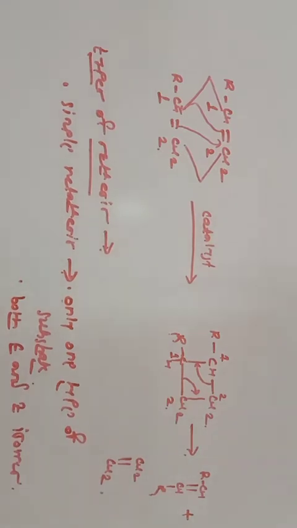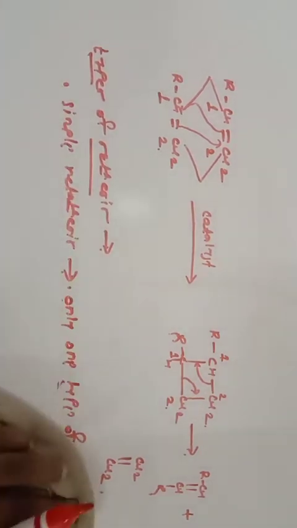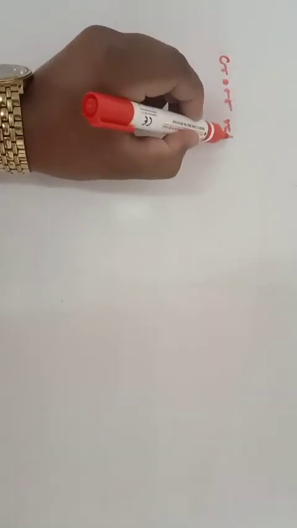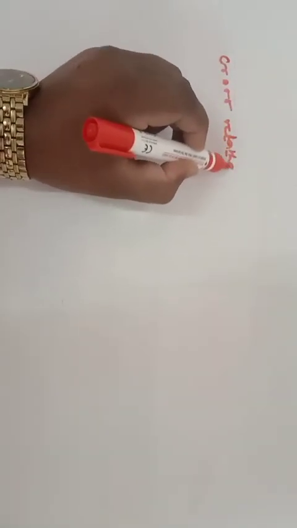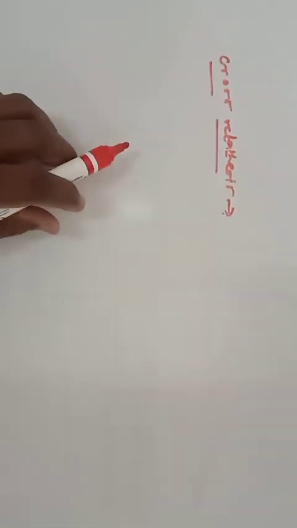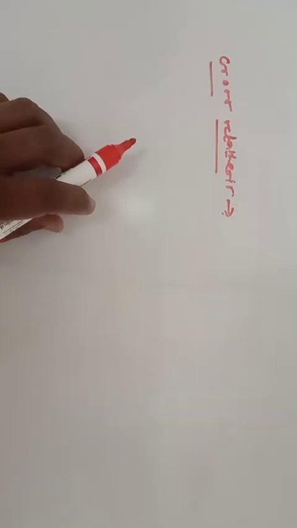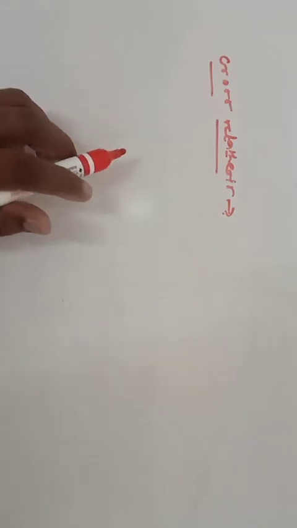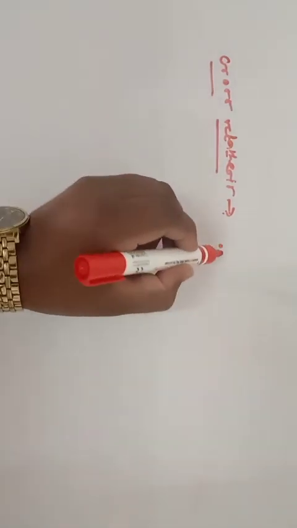Let us discuss the next type of metathesis, that is cross metathesis. What is cross metathesis? Cross metathesis is a reaction which involves two different substrates, two different alkenes or olefins.